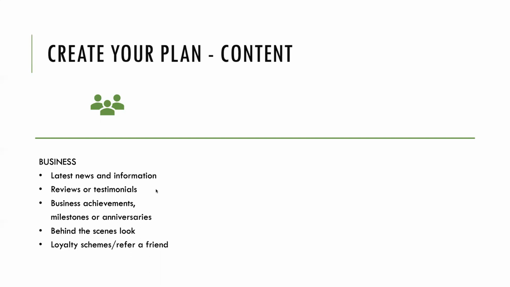So the first area of content would be about your business. So latest news and information, reviews or testimonials. If you've had a great one from a customer, you can put that in an email newsletter. Business achievements, milestones, or anniversaries. If your business is so old, you're on your 100th hour of coaching, whatever it may be that suits your business.